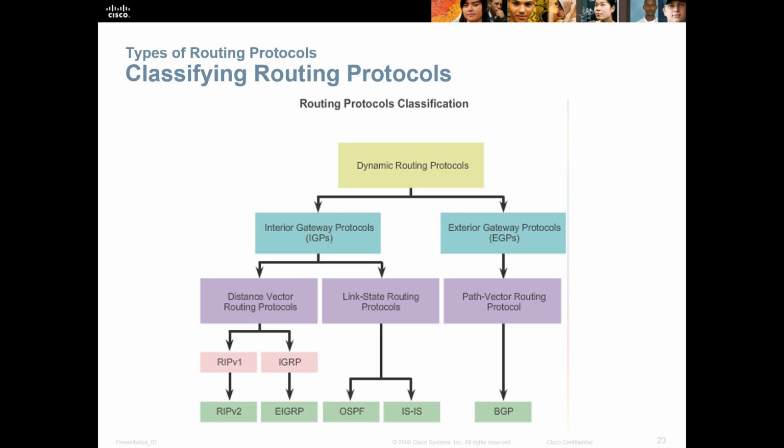That's it. Where link state has to have a full picture of everything. Our distance vector protocols can be broken up into RIP and EIGRP. Our link state protocols are going to be OSPF and IS-IS. Just for completeness' sake, our path vector protocol is going to be BGP, Border Gateway Protocol.